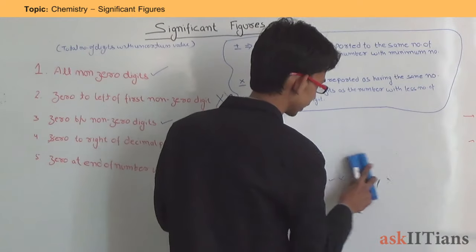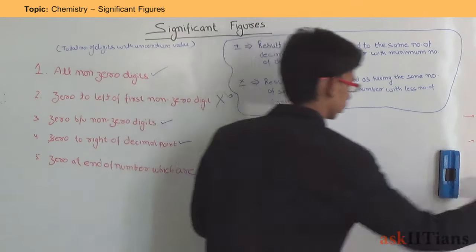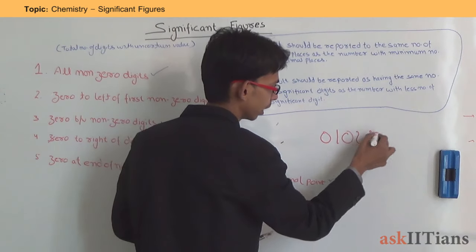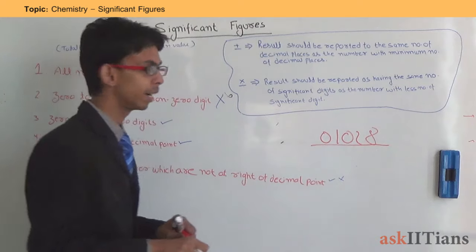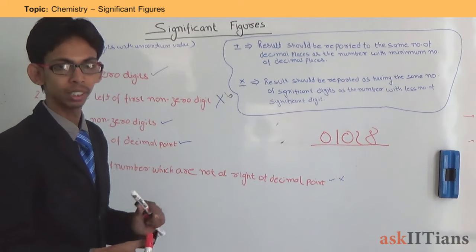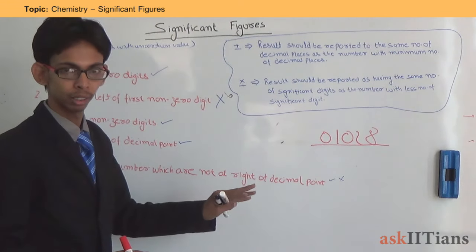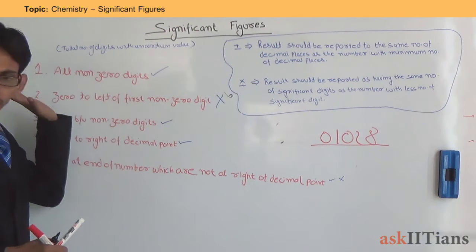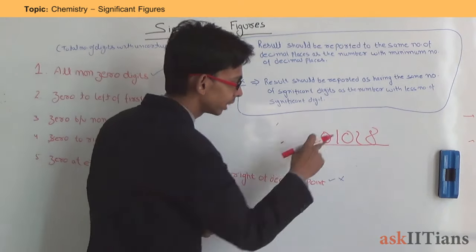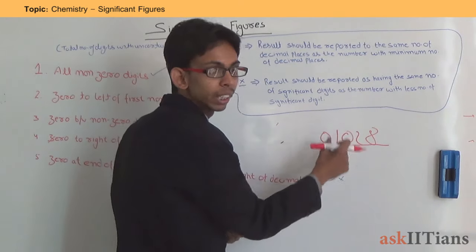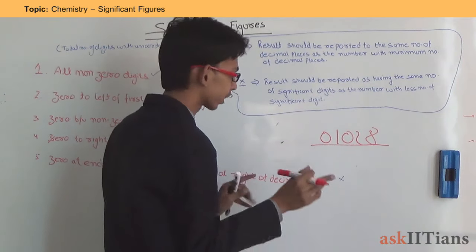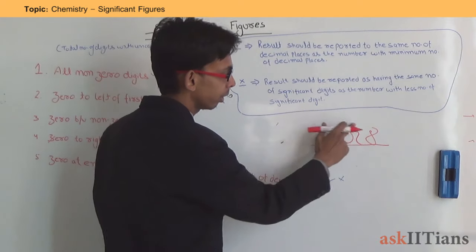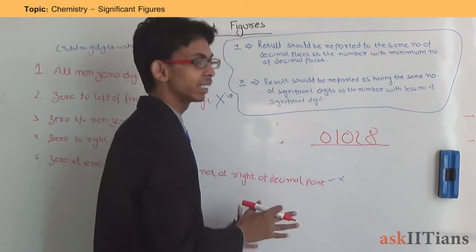If we take the example of a number 0, 1, 0, 2, 8, can you tell me how many significant digits are there in this number? According to our first point, all non-zero digits are significant. That means it has at least 3 significant figures, because it has 3 non-zero digits.